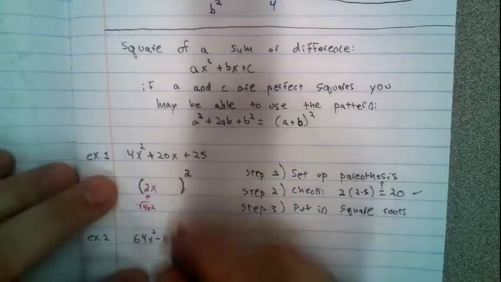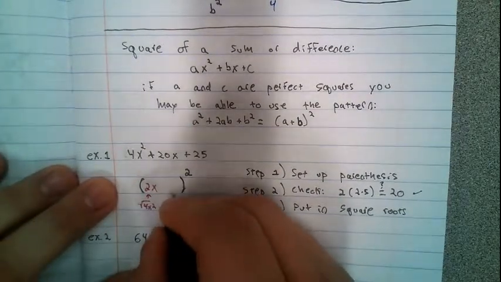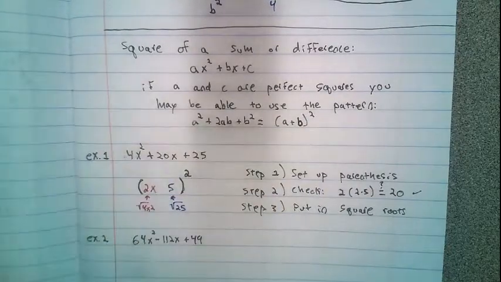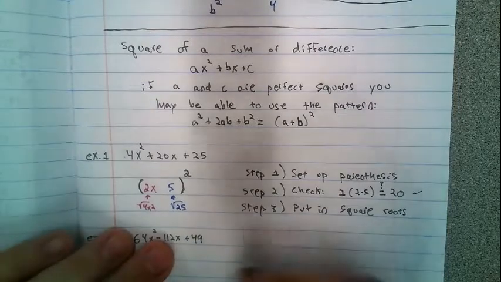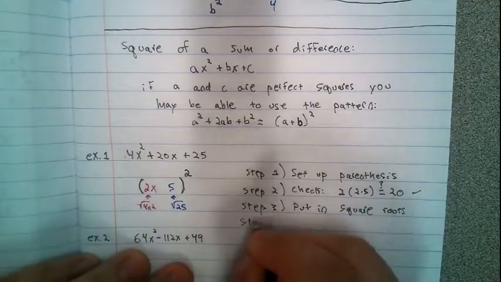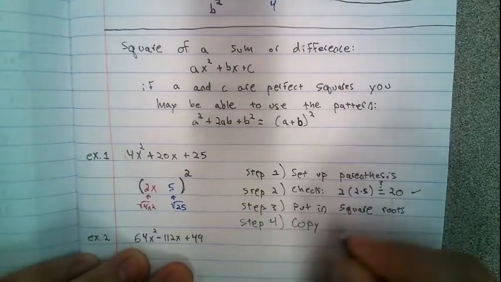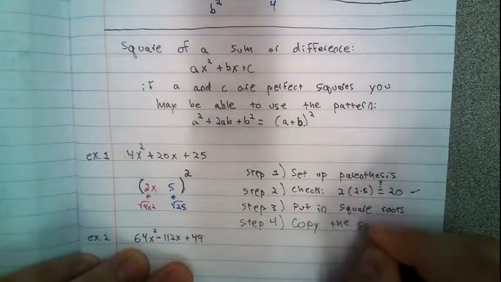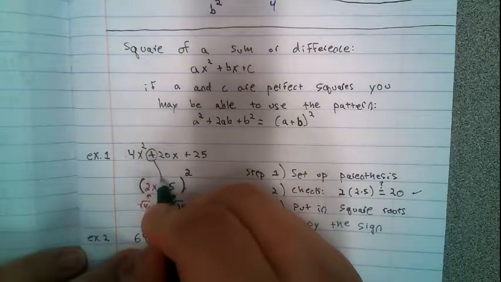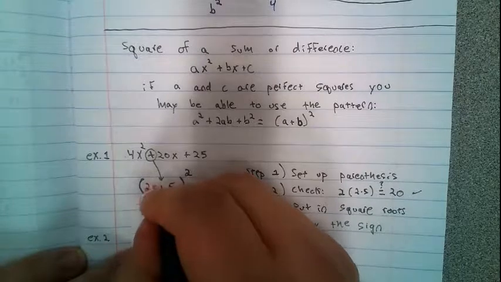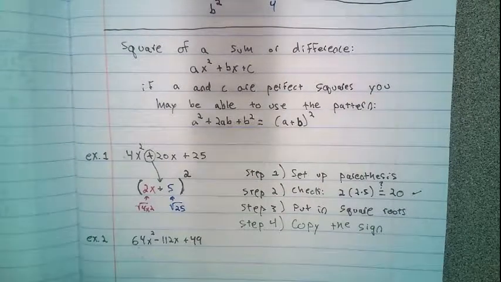And the square root of 25 is 5. So 5 goes there. Okay. And the last big step, this one's important, so I'm going to do it in a different color, is to copy the sign. If this is addition, it means this is addition. So the answer is (2x plus 5) squared.